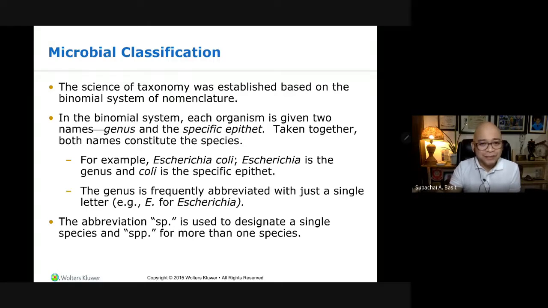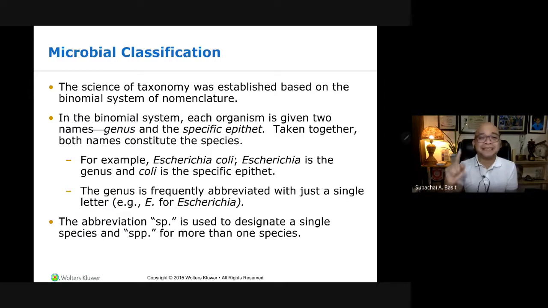So the genus is frequently abbreviated with just a single letter, E. coli. So E for Escherichia, provided that you have already mentioned Escherichia in your previous sentence. In the succeeding sentences wherein you'll be using the same species, instead of spelling Escherichia again and again, you simply abbreviate it as E. coli.